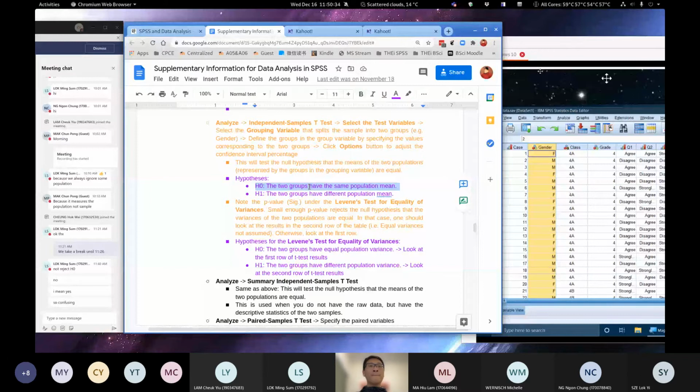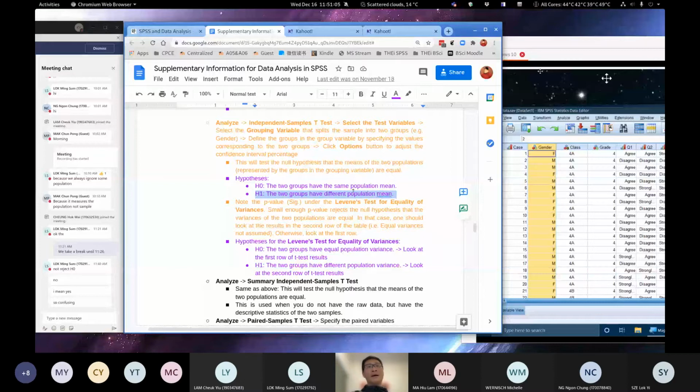The null hypothesis is that the two groups have the same population mean. I don't care what the mean is. I just care whether they have the same population mean or not. And then the alternative hypothesis is the opposite of the null hypothesis. In this case, it is the two groups have different population means. So either the same or not the same. We want to know that.